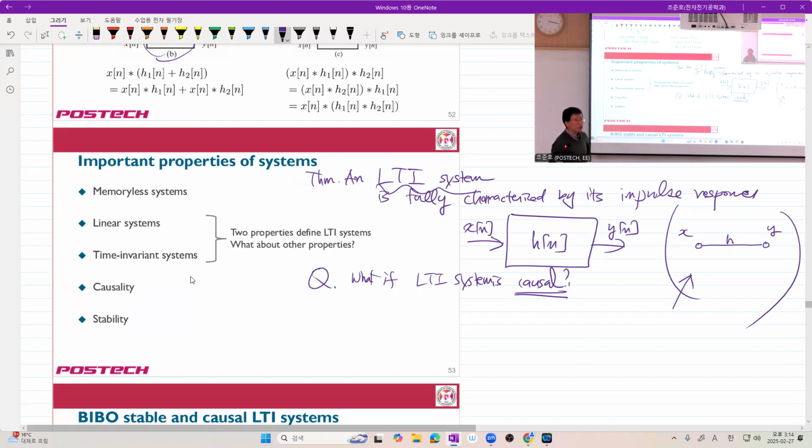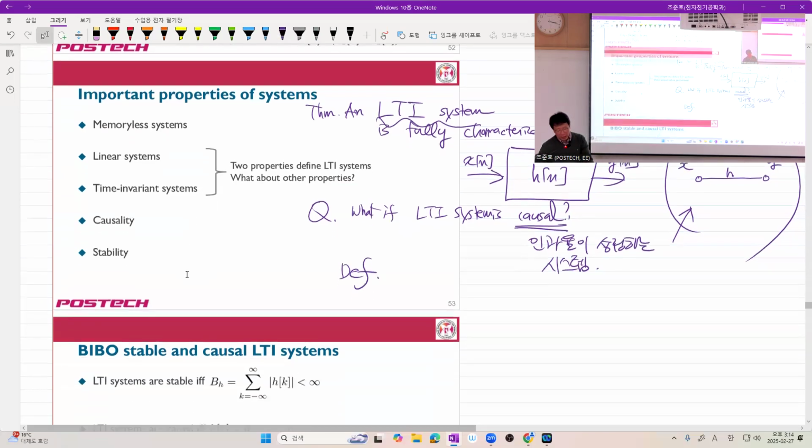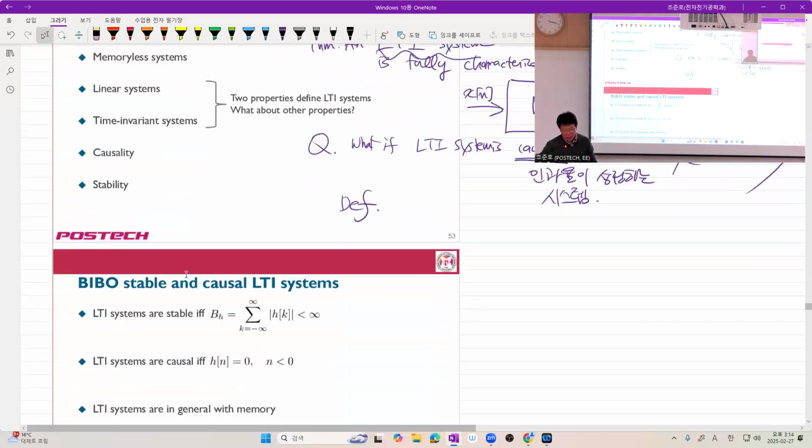Simply put, causality means a system in which causality holds. What does that mean? This is a very confusing definition. But this is the only one.